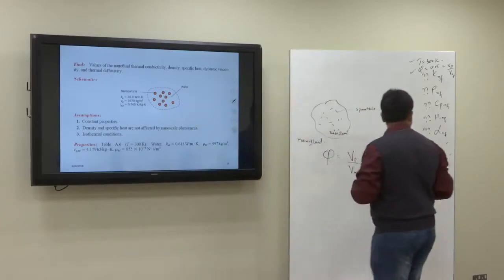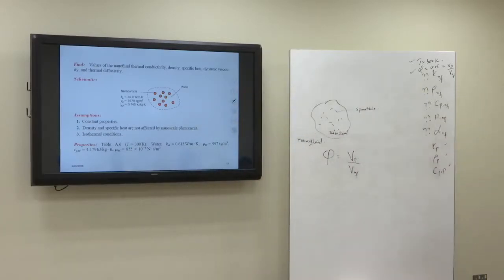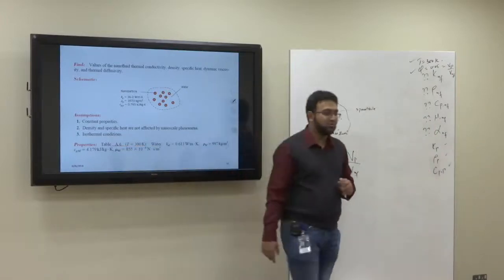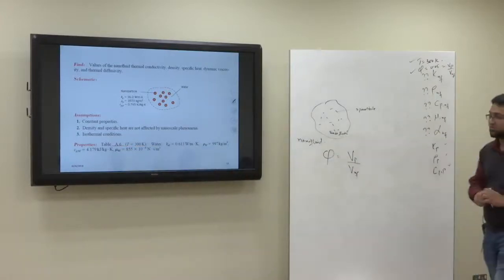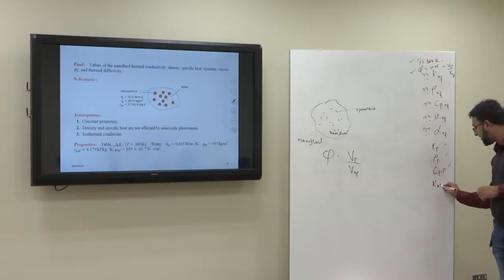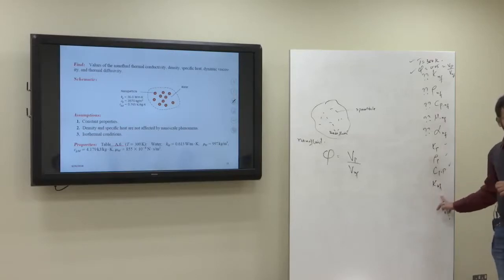So from the table, it's written which table you will use. You will use table A6, but you need to go through the appendix to know which table you need to use. Anyways, by using table A6, the properties of water, I will write here Kbf, since water is my base fluid. So this property I will directly take from the table.